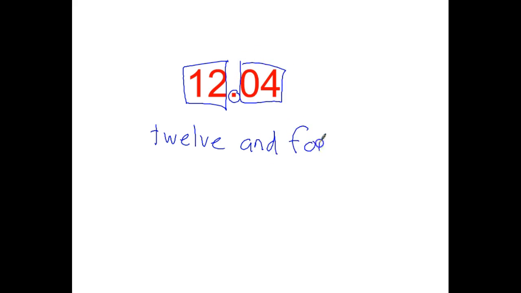Do my whole number chunk. 12. Decimal point is and. The chunk after is just 4. And then I got to come out tenths, hundredths. If I didn't have that 0 in there, the number would change to 12 and 4 tenths.